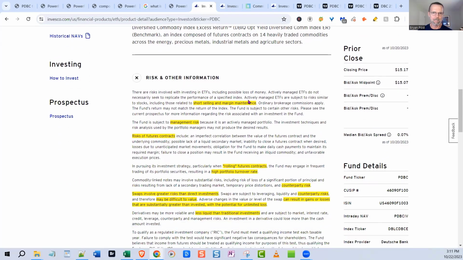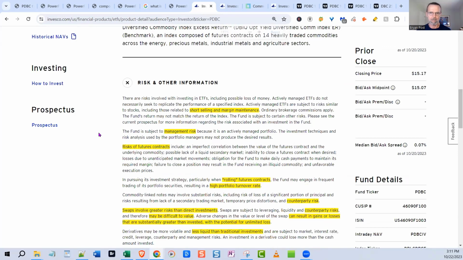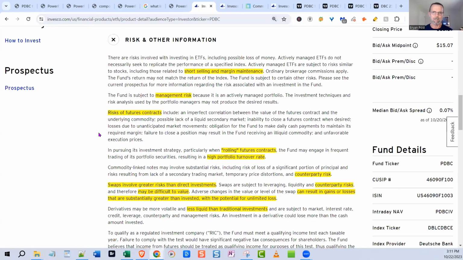And then this is down into their risk disclosure. And let me zoom in on this a little bit. Looking at these risk disclosures gives us a feel for what the ETF is up to. What are they doing as part of their investment strategies? So the fact that they're telling us about short selling and margin indicates that they do go short. So not only are they going long on these commodities, they're also going short.